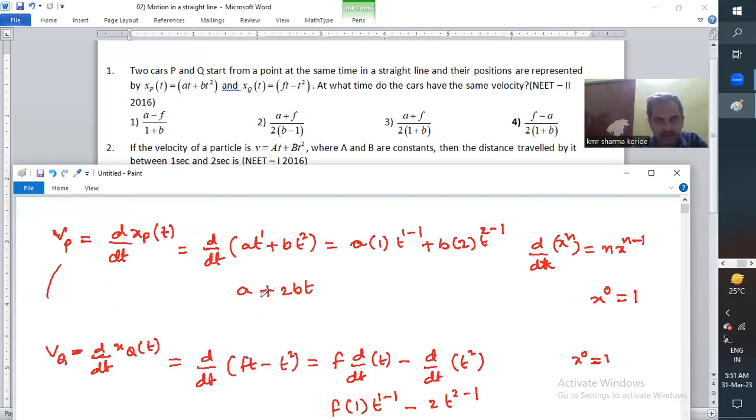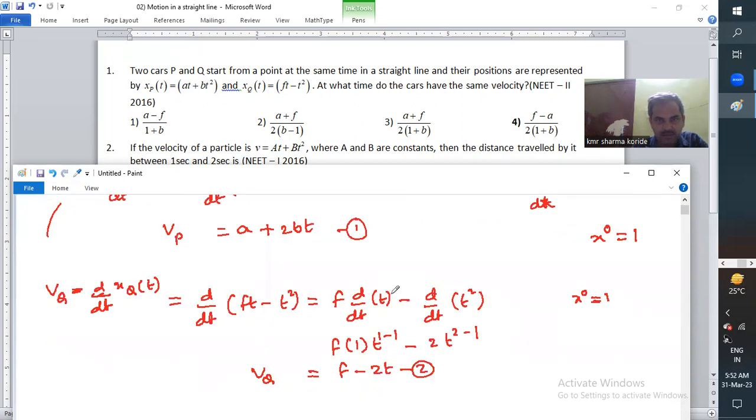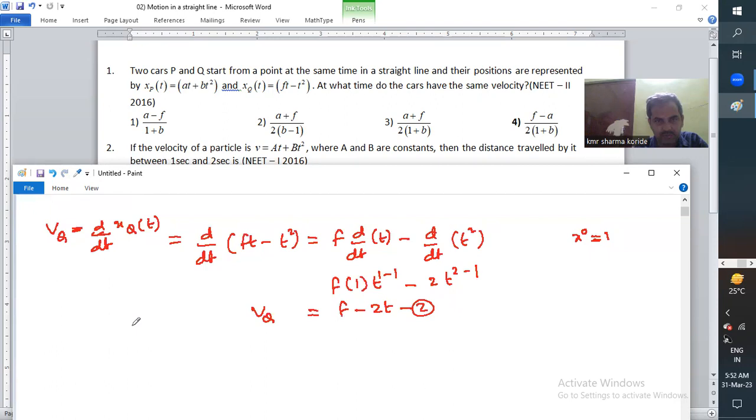Now this is the velocity of car P. Call this equation 1. This is equation 2. Equating them, equation 1 has a plus 2bt. We are equating them, 1 is equal to 2, the expression of Q, f minus 2t. So take 2t to the left side, a to the right side.